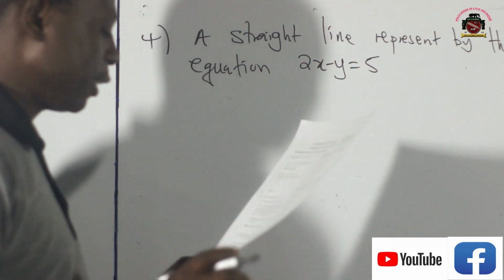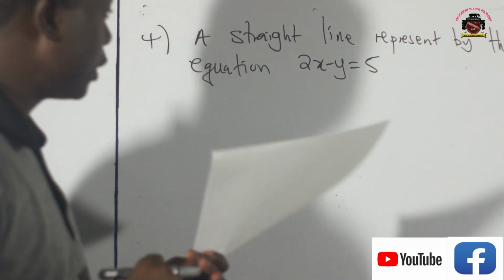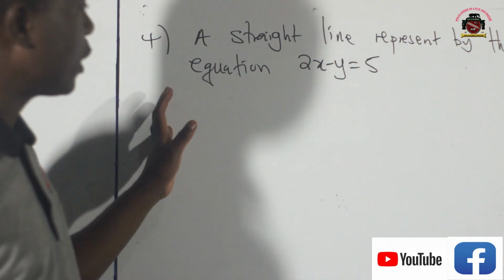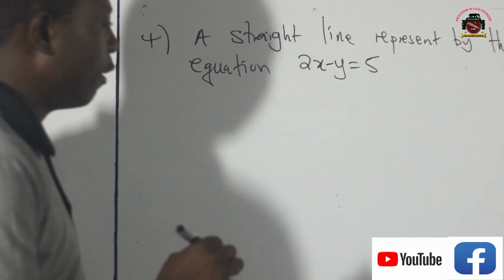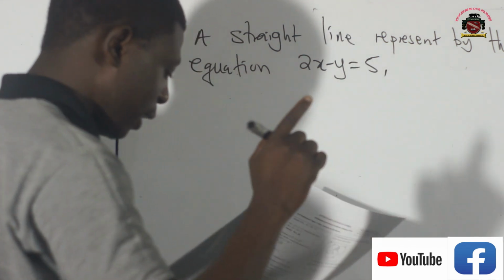I've not written it exactly the way it is in the paper. So we have a straight line represented by the equation 2x minus y is equal to 5. Now the question is find the gradient.